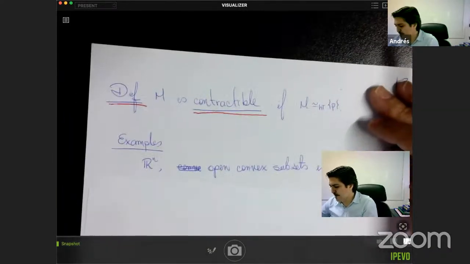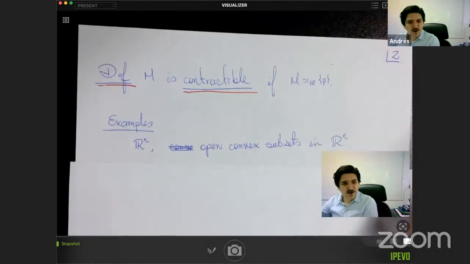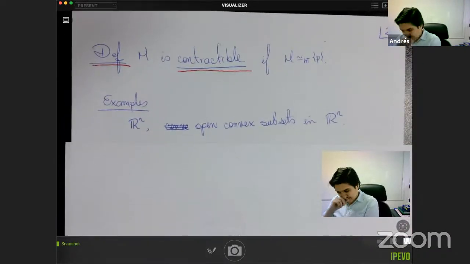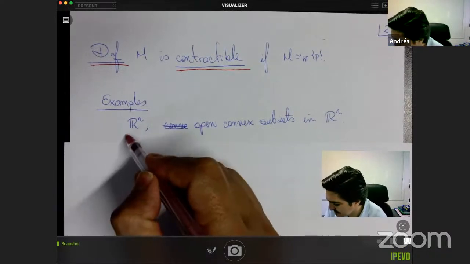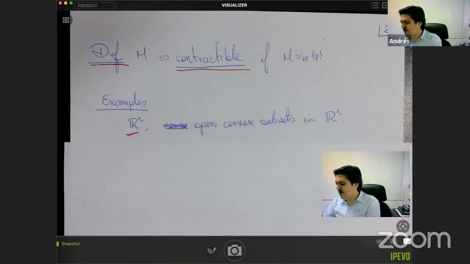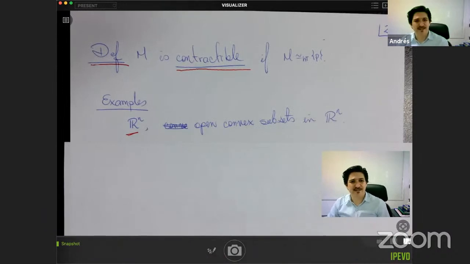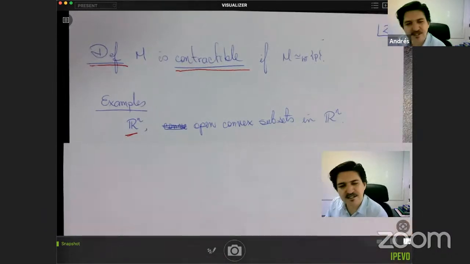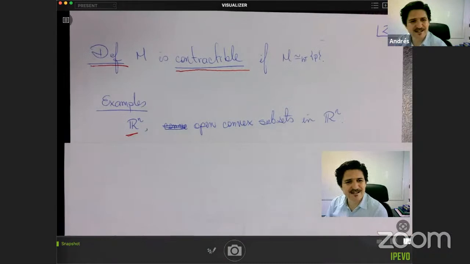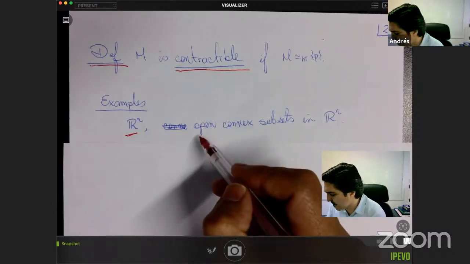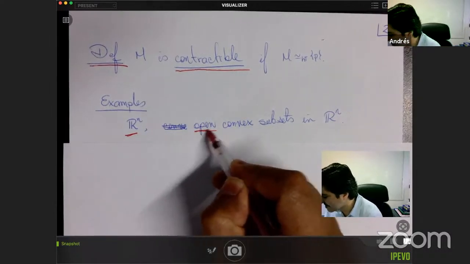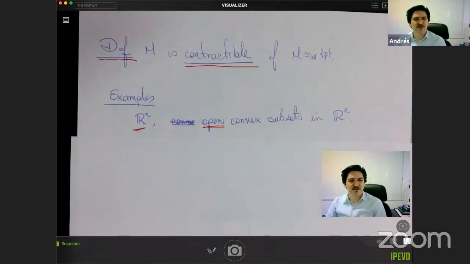And here is the list of examples. This one, we already worked out, Euclidean space. But more generally, a convex space in Euclidean space is contractible. Because we are working with manifolds, I put in here open, in order for the set to be a manifold.